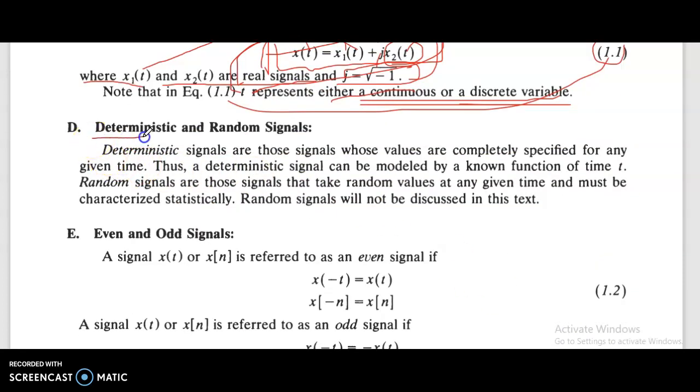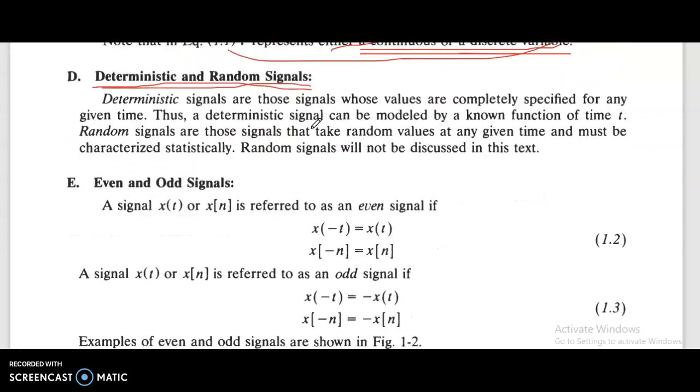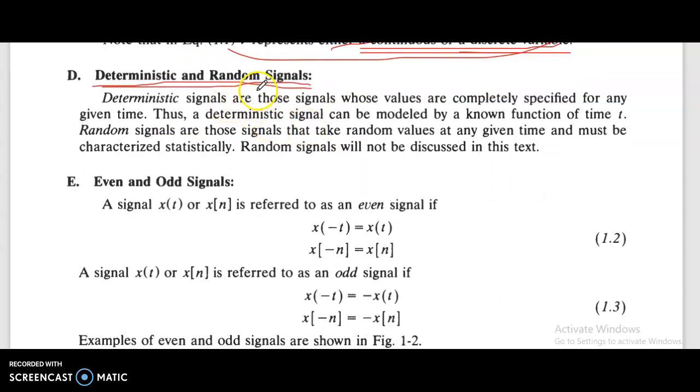Deterministic and random signals. Deterministic signals are those signals whose values are completely specified for any given time. Thus, a deterministic signal can be modeled by a known function of time t.